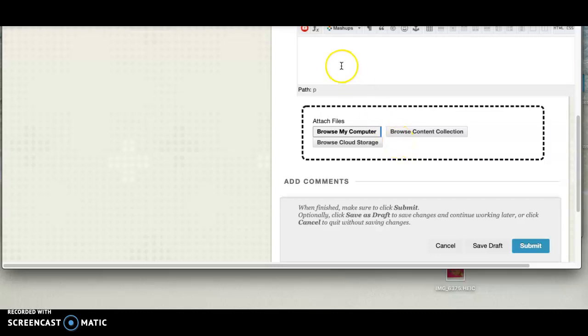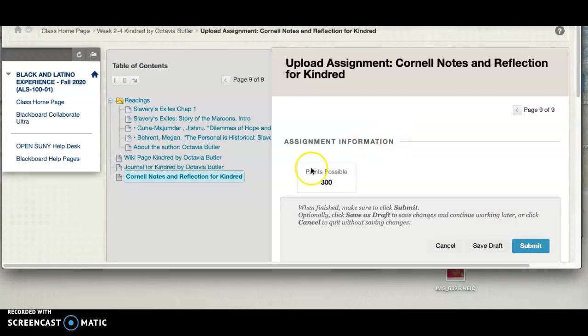And then the questions and the analysis and reflection could go on in here, but you could also just upload a whole file. So I hope, and then you would submit, right? And then it would give you a submission ticket. So that's what I'm expecting of you for the Cornell Notes assignment and how you turn it in.